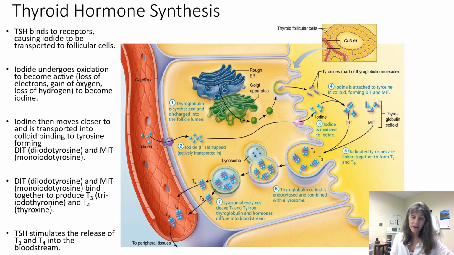In the presence of thyroid stimulating hormone, the receptors on the follicular cells are able to trap iodide, and as iodide is trapped into the follicular cells, it will be transported through while undergoing a process of oxidation where it loses some electrons and some hydrogen and gains oxygen, and iodine is released into the colloid with the thyroglobulin that has its amino acids tyrosine.